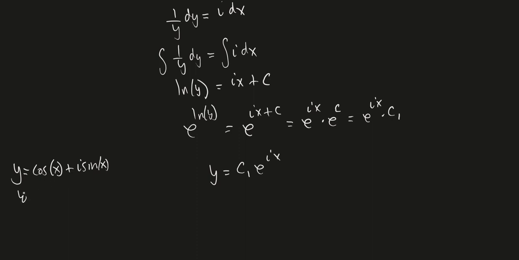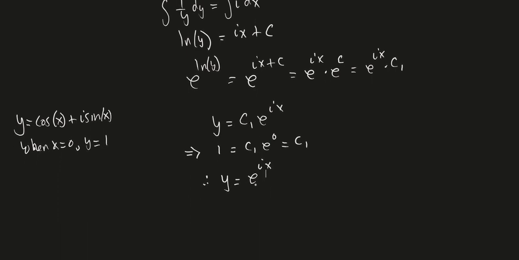So I can use this to figure out what c1 has to be. Over here, 1 equals c1 times e to the 0, so that's c1. So therefore c1 is equal to 1, which means y is equal to e to the ix.